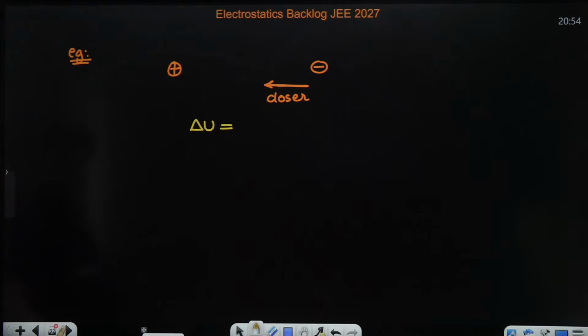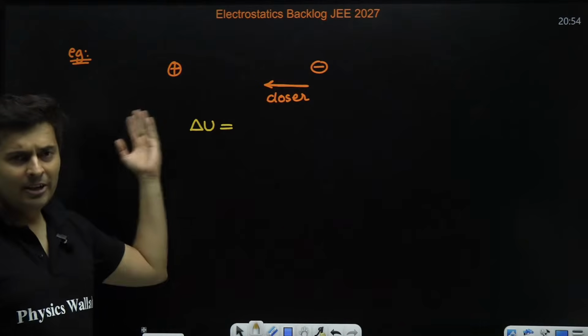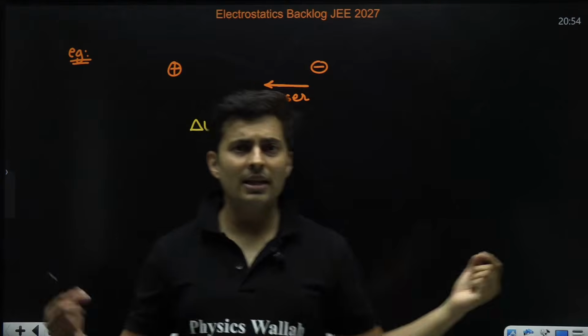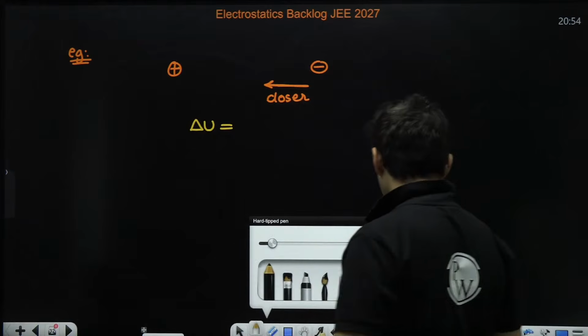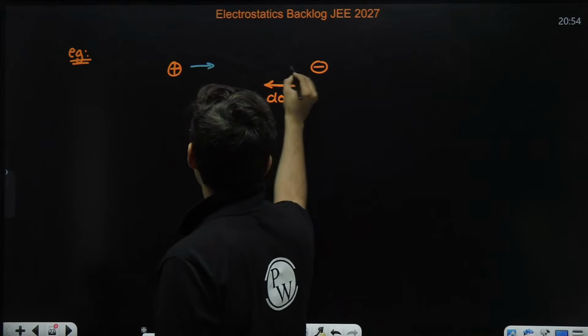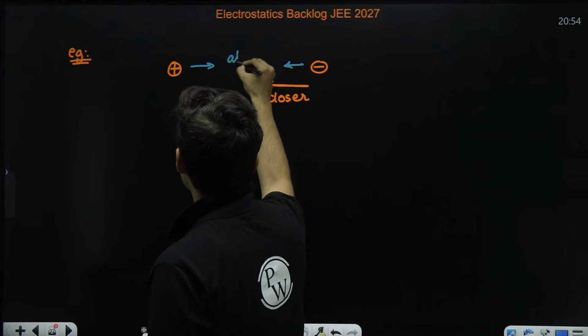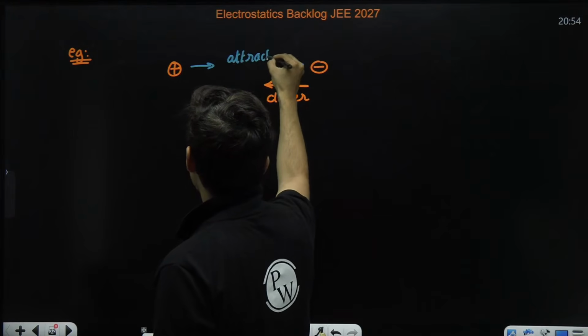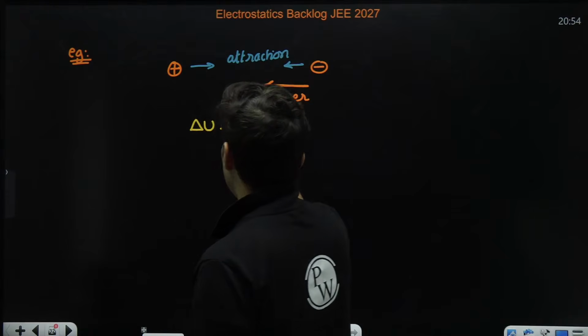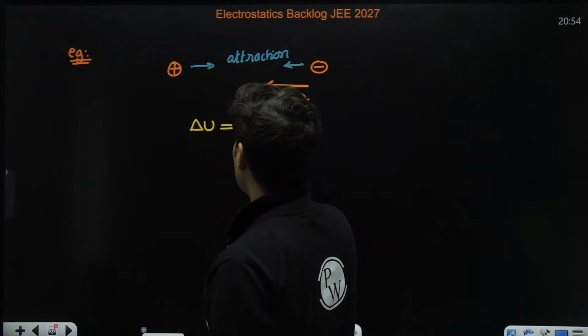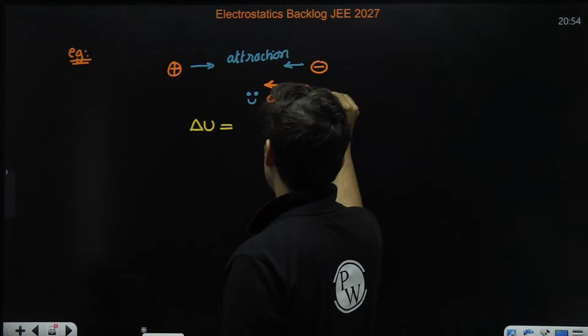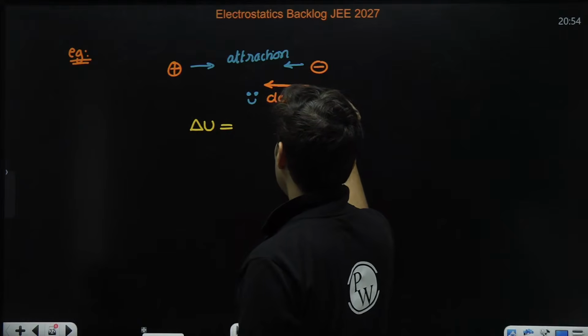Okay, so coming back to this question, once this comes closer, what is happening? There is attraction between them, do not forget. So definitely there is attraction, and once there is attraction, they would love to come together, and as they come closer, they will become happier, versus when they were far away, they would definitely be sad.